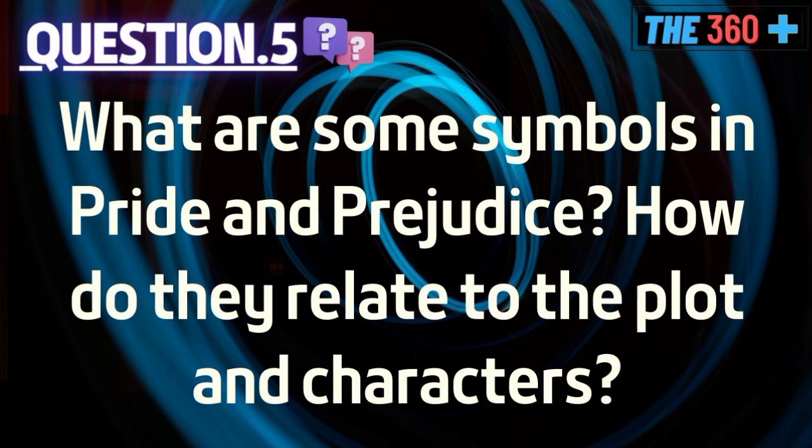For example, the rural area, the dance parties, the weather conditions, and things like this which are presented in the plot can be called symbols. And every symbol represents something.